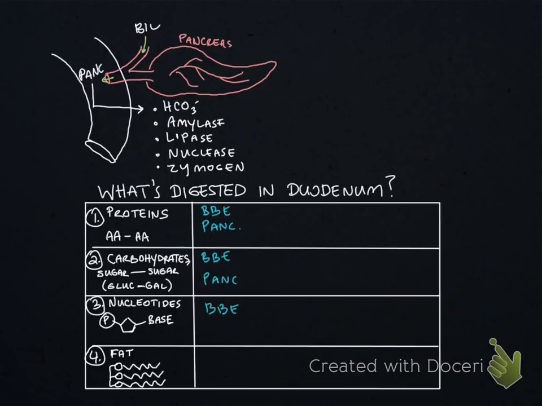What about fats? Well, of course, the pancreas with its lipase, but also the liver/gallbladder with its bile. Okay, so keep in mind where certain dietary molecules are being digested.